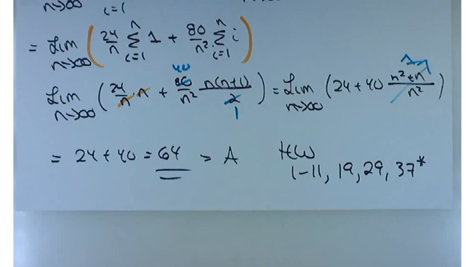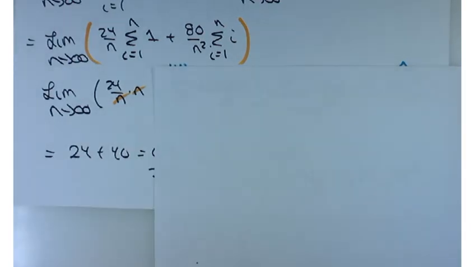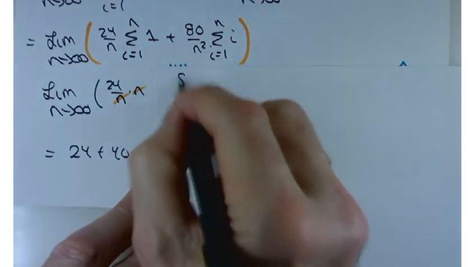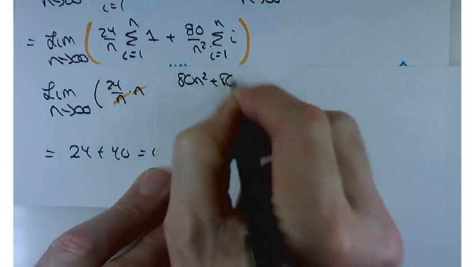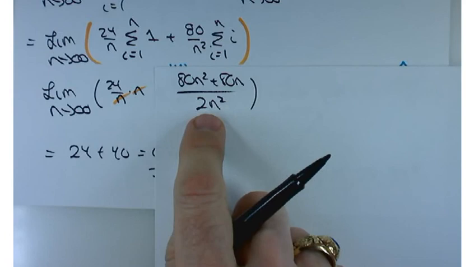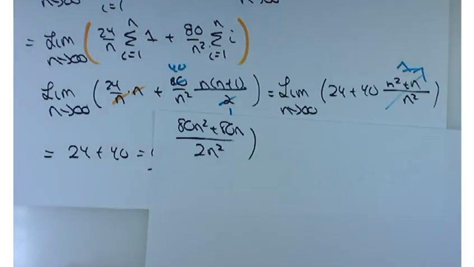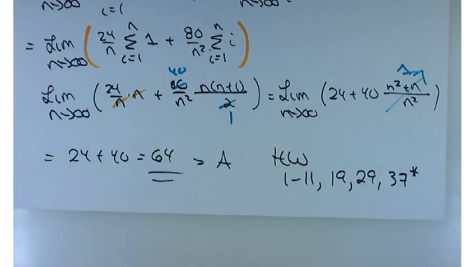So if I was to write this as 80n squared plus 80n over 2n squared, like that, the limit is still the ratio of the leading coefficients, which is 40. So a lot of flexibility.